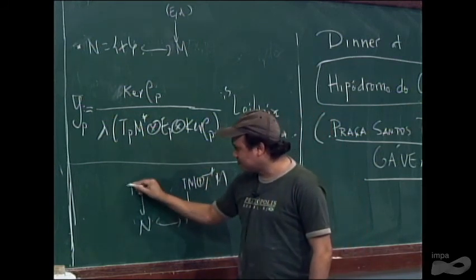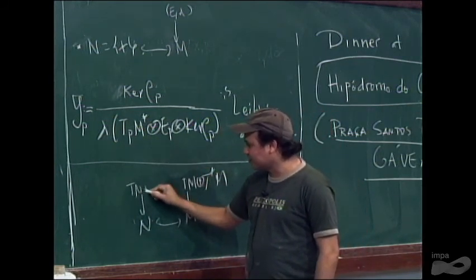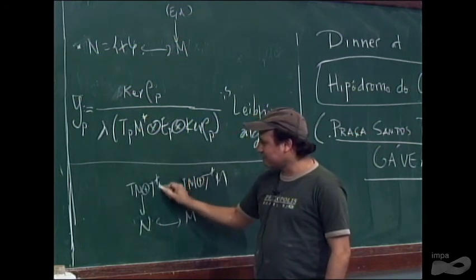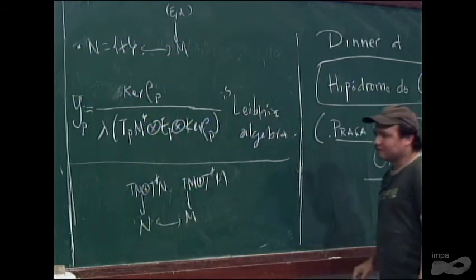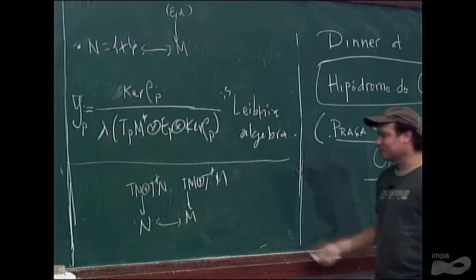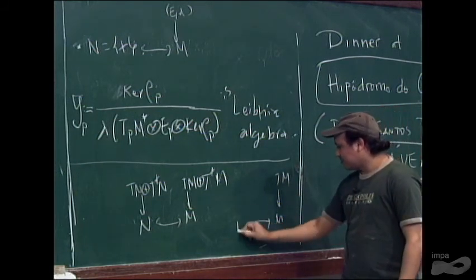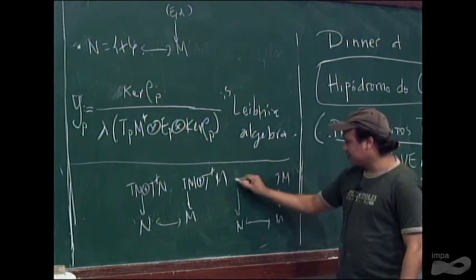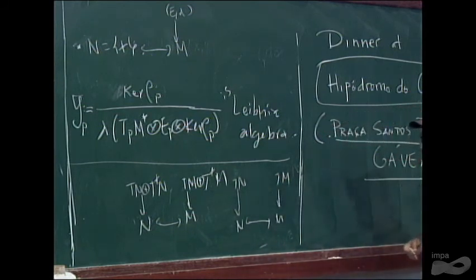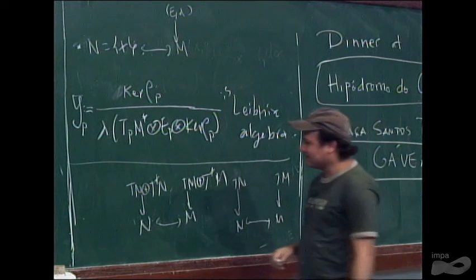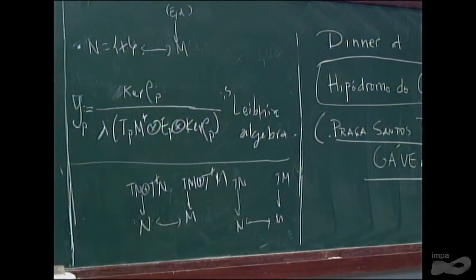What happens is that this pullback is canonically isomorphic to T plus T star of N. This is an easy calculation. Or in the case of T of M, this is going to be T of N. So there is a type of naturality inside this bracket. These are the examples I wanted to give. Okay, these examples are enough.